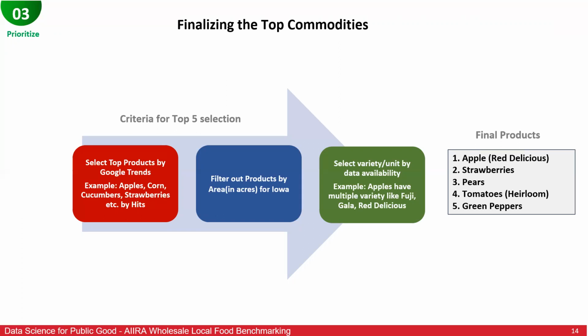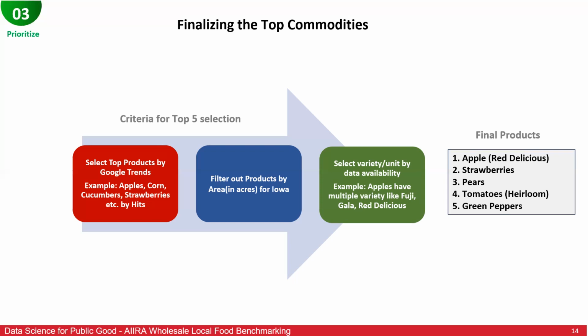And then we tailored that list further to only choose one variety of an agricultural product. For example, for apples, we only chose Red Delicious, or for tomatoes, we only chose Heirloom. And we also narrowed down the unit of measurement for that data item, because for something like peppers, from multiple data sources, they were measured in 5 or 6 different ways.